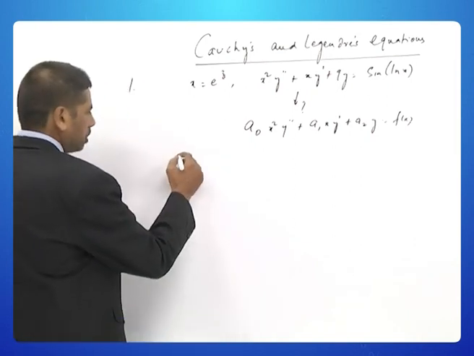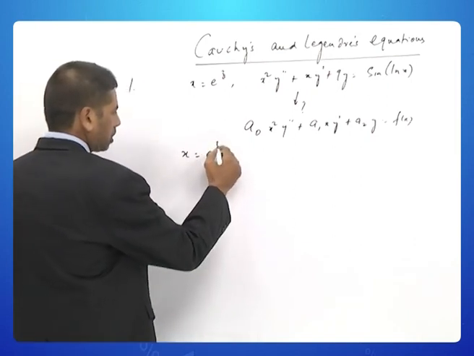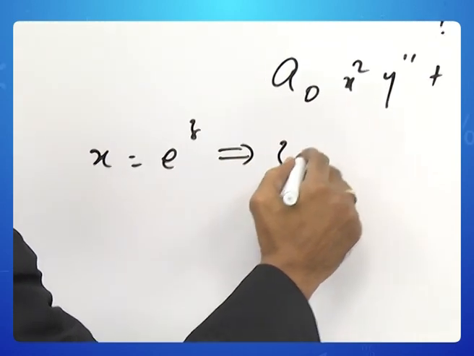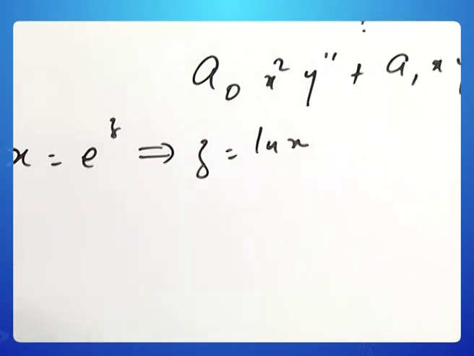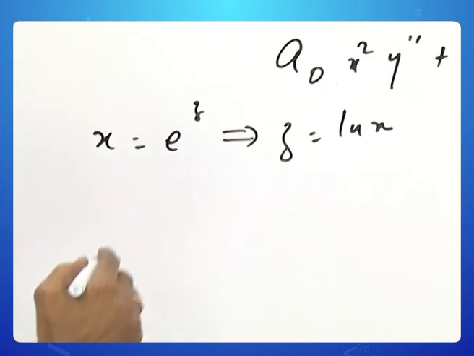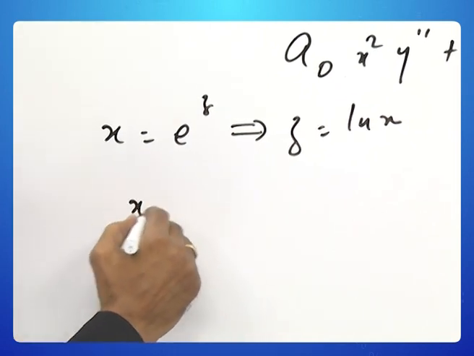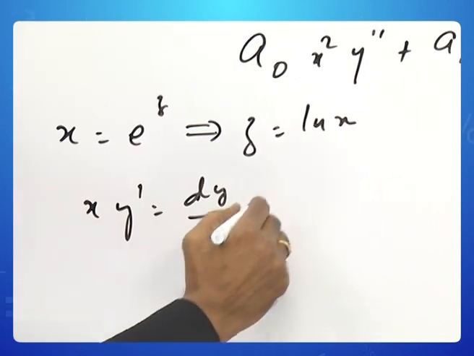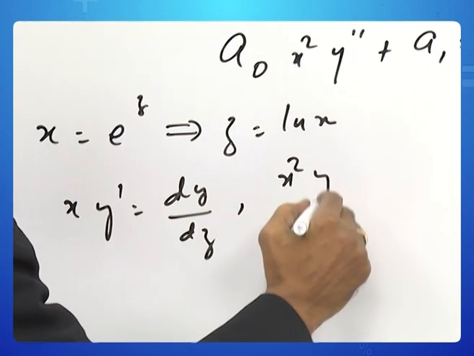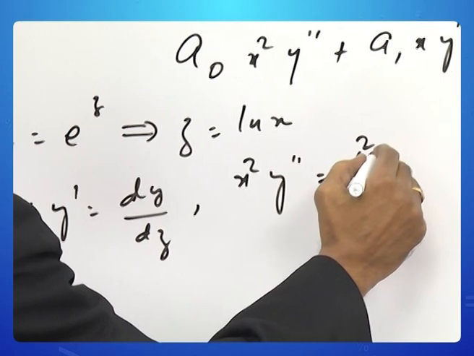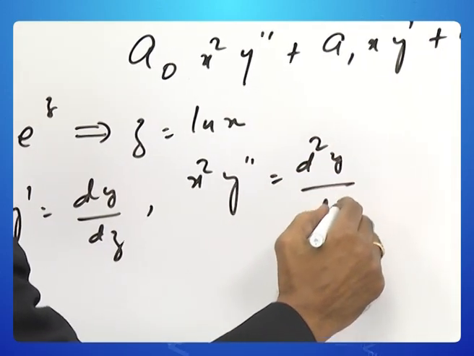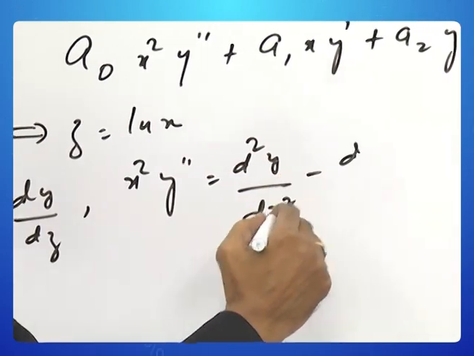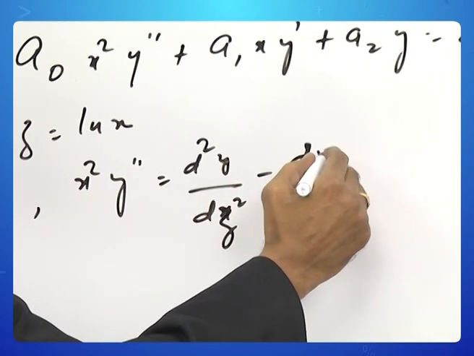So, when x is equal to e power z, z will be log x, and simple calculus will tell you that xy dash becomes dy by dz, x square y double dash becomes d square y by dz squared minus dy by dz.